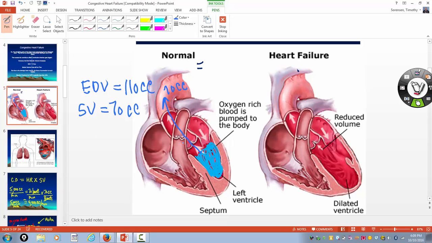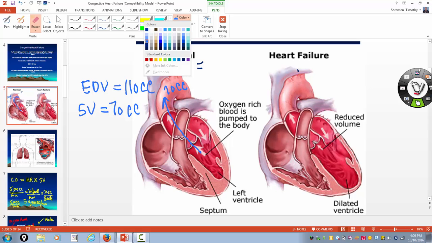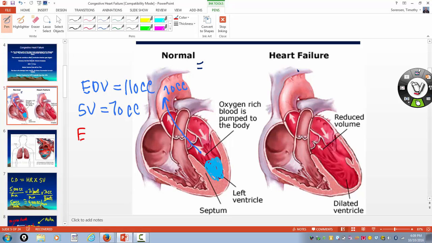And the amount of blood that's left over after the left ventricle contracts is going to be called your end systolic volume.